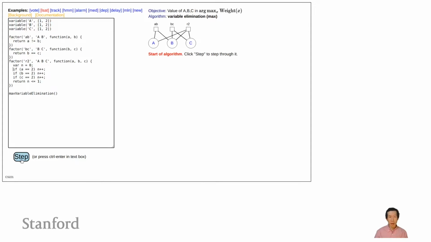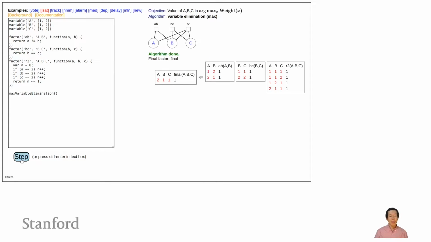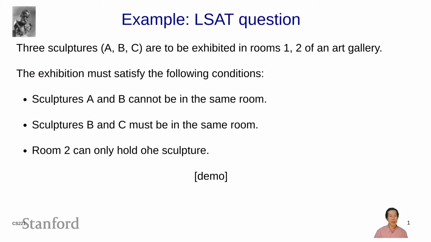If I press step, it will magically solve the CSP. There is one satisfying assignment, which assigns A to room 2, and assigns B and C to room 1. That's our first example of solving a constraint satisfaction problem.